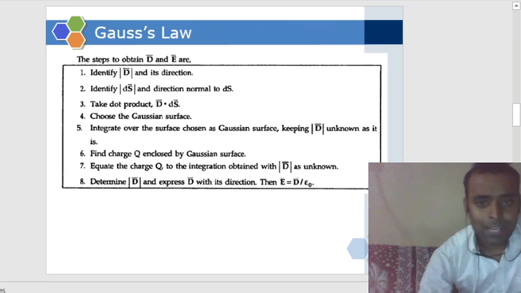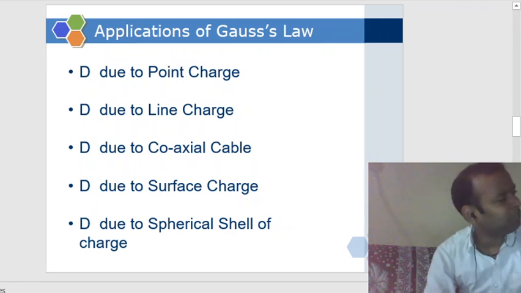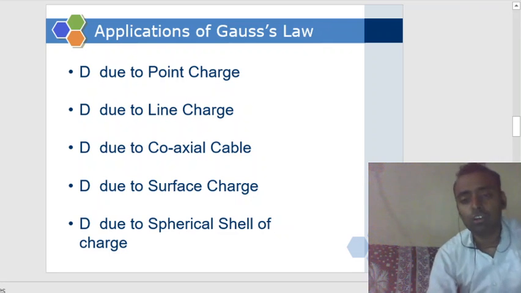In the application of Gauss's law, it is an important and versatile law.